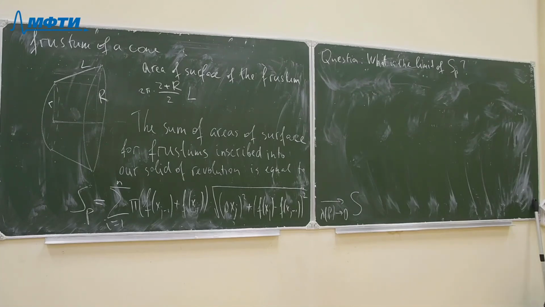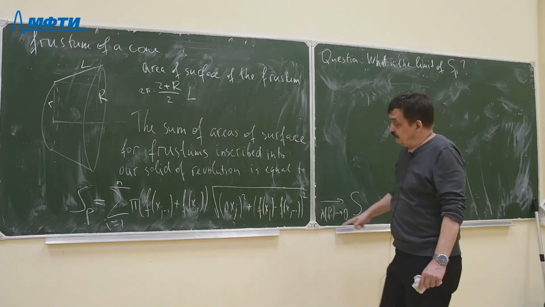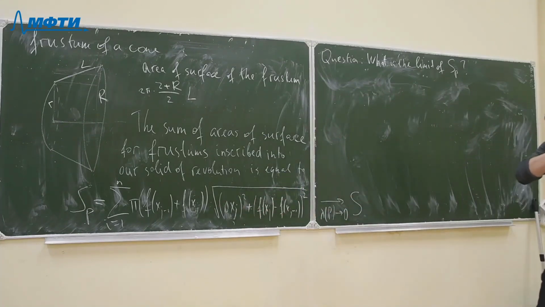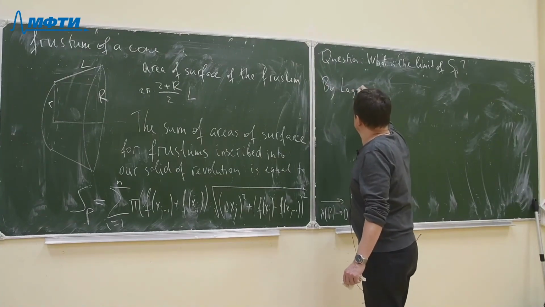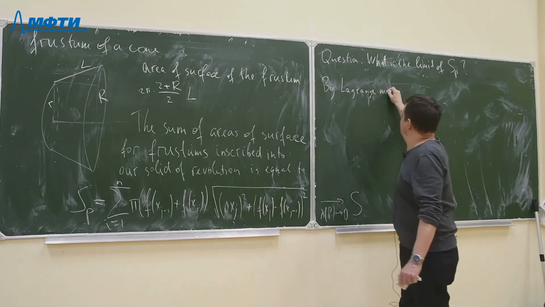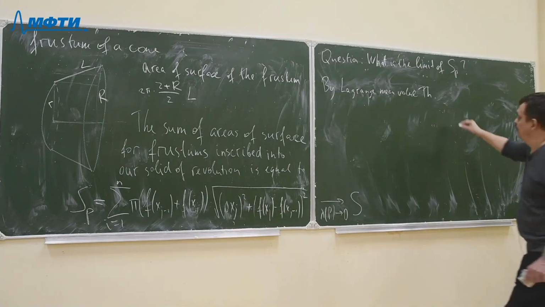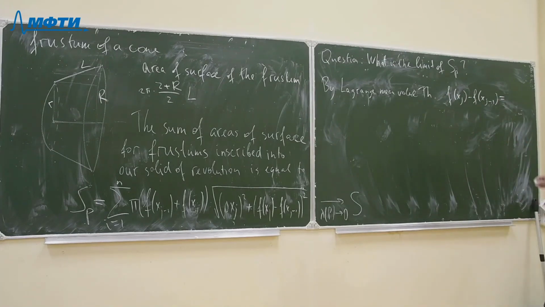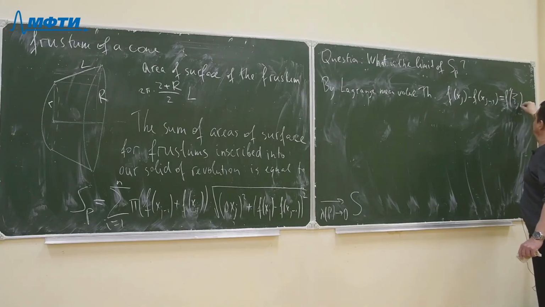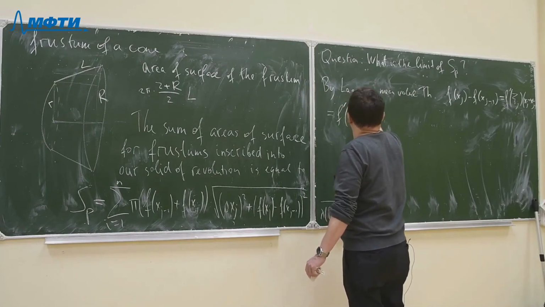But look at this expression. So, by the Lagrange mean value theorem, what do we conclude? f of xj minus f of xj minus 1 equals f prime at a point psi j times delta xj.